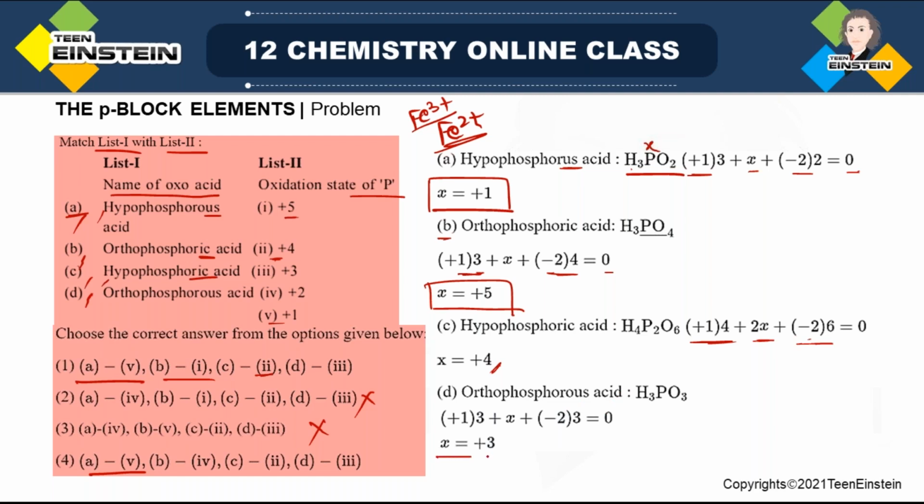And the last one is plus 3, that means D is related to 3. So this will be the correct option. But remember, if you see that by eliminating you have already reached the correct option, then don't waste your time doing the full calculation. Fine. Any doubt? Is it clear?